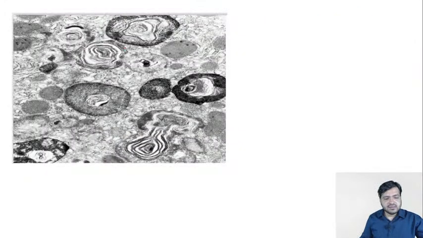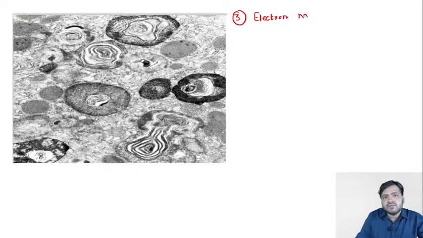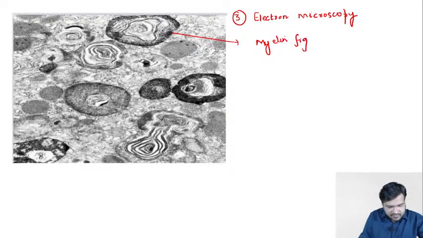Coming on to the next image, that is the electron microscopy, which you can very well appreciate in the given picture. What you can see is the myelin figures, guys. Now what happens?